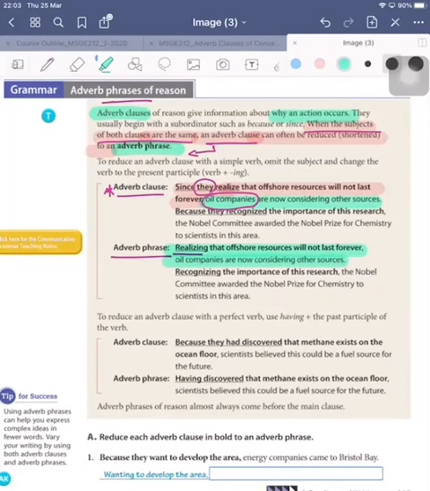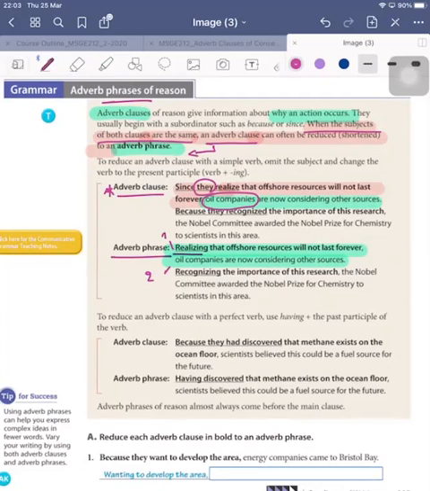So this is the first part, this is the second part. The first part changes, right? From a clause, since they realize. So you have your subject, they, you have your verb realize, and then it turns to just realizing. You're taking the verb and put ing after it.